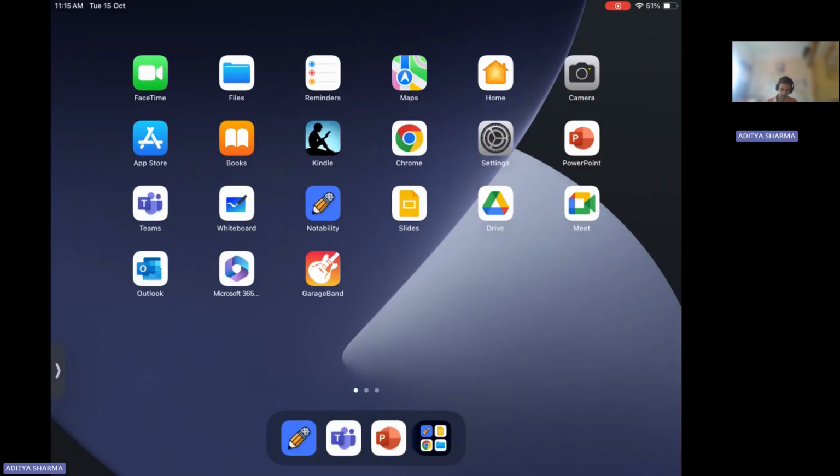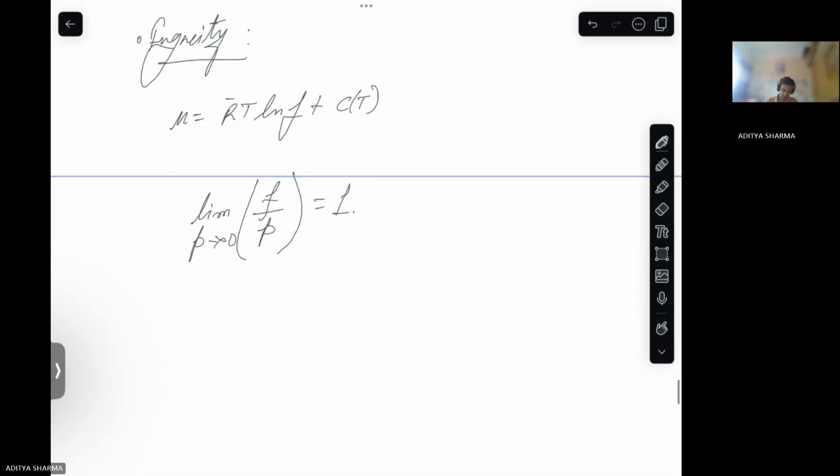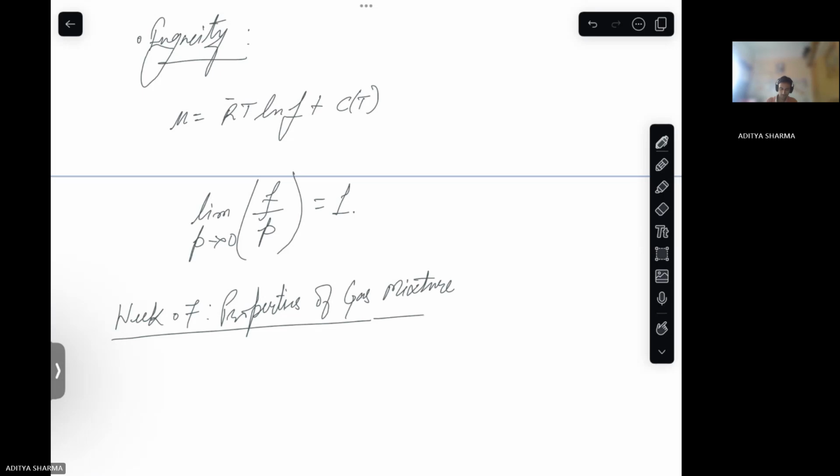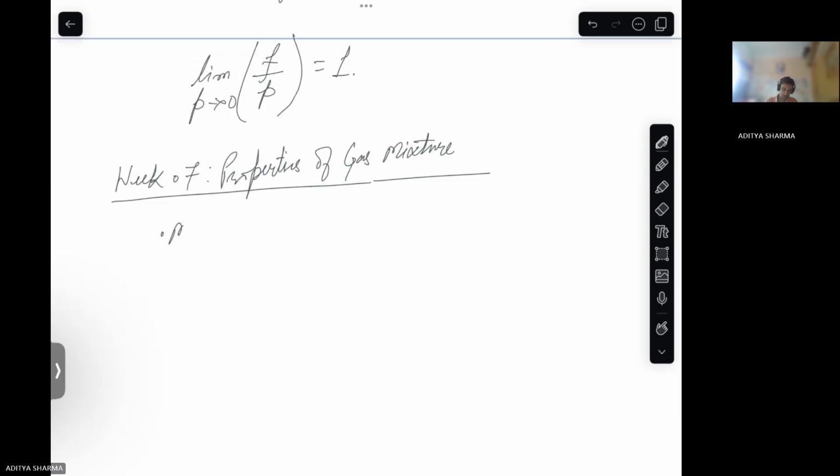Though these are very basic things, but we must know them. So the composition of mixture. To define that, we first have mole fraction. These are basic terms.